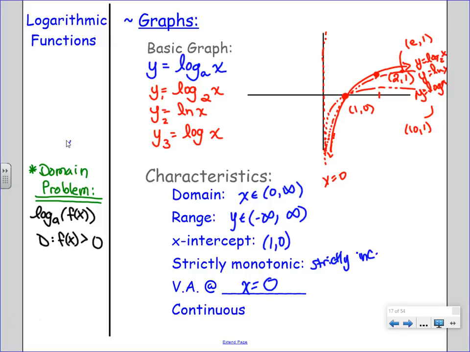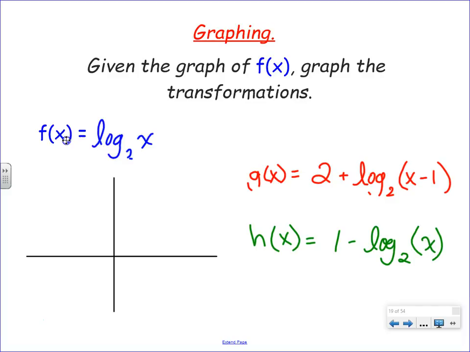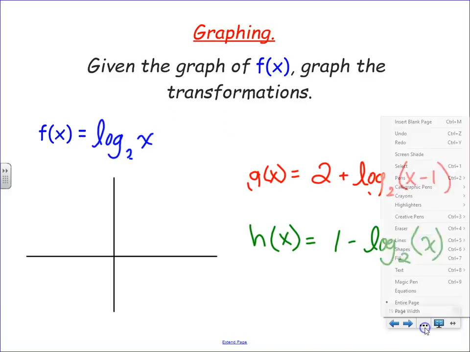Square roots can equal. Logarithm arguments cannot. And then more specifically, there's a vertical asymptote at f of x equals 0. Anyway, that could be a clue to help us with graphing logarithms, because it kind of tells us what the domain should be. Let's go ahead and graph a couple of these.